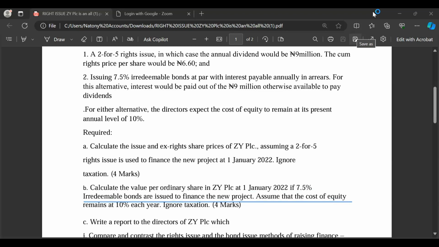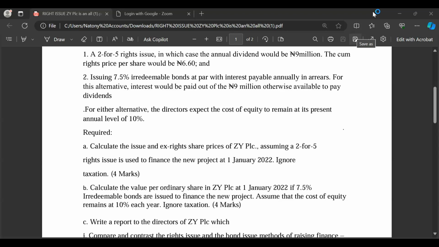Assume that cost of equity remains at 10% each year. Ignore taxation. So what do you think here?